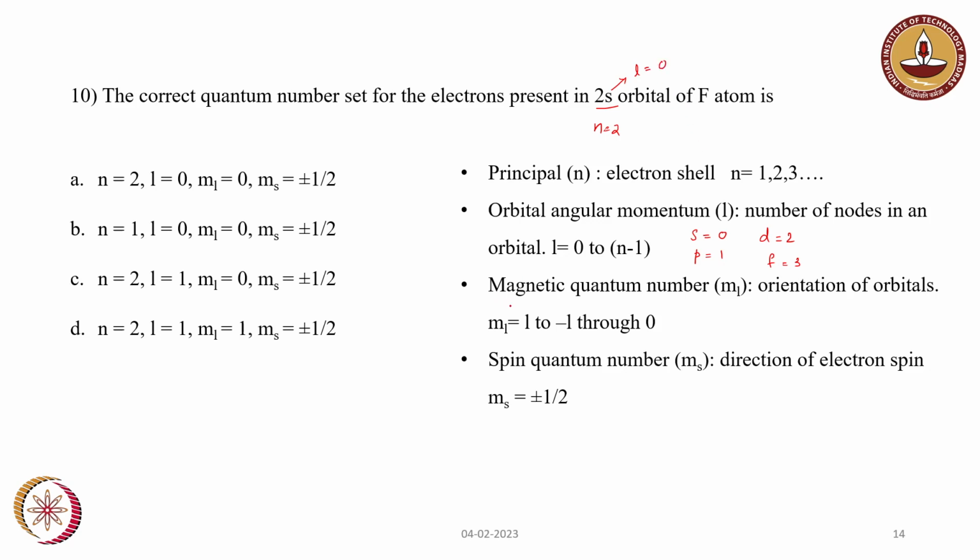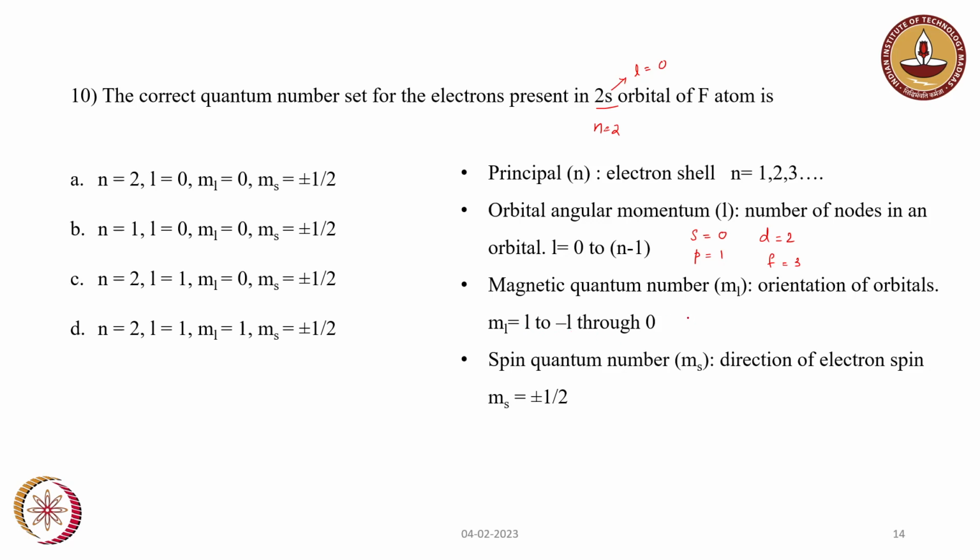Next is the magnetic quantum number ML, and it gives the orientation of the orbital. It varies from minus L to L through 0.